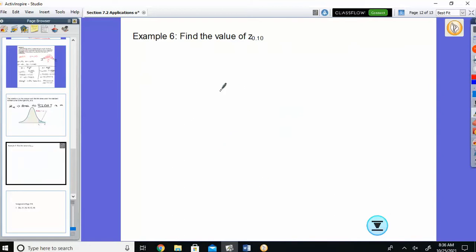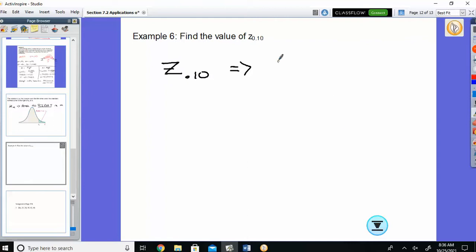So let's say I've asked you to find the value of z.10. What that means is find the z value so that the area to the right is 10%.